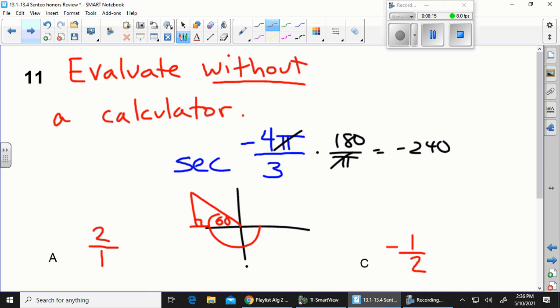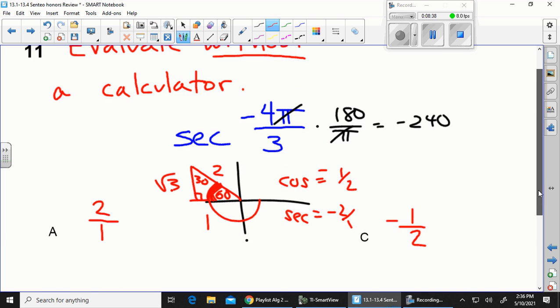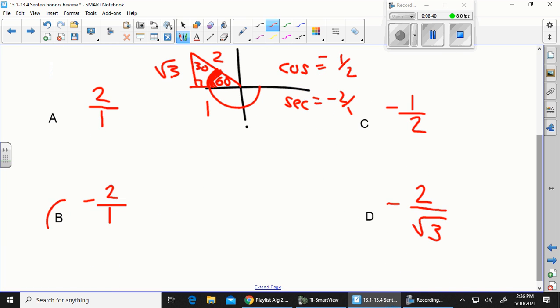You went 60 past 180. That's 1, square root of 3, 2. You look at this angle. Secant is reciprocal of cosine. Cos would be 1 over 2. Negative, because it's in the third quadrant. So secant is going to be negative 2 over 1, which is B.